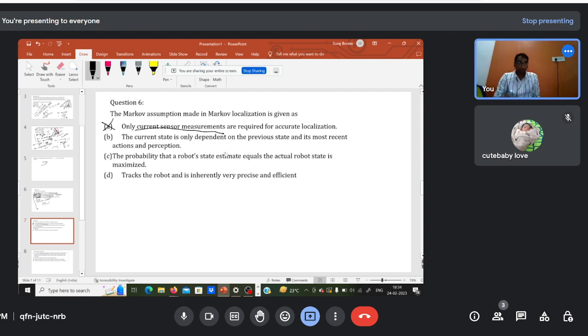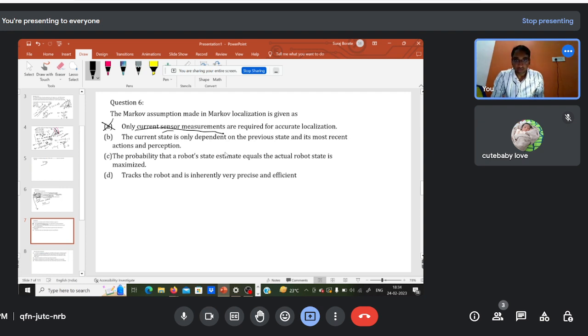What is the improvement that we are making, if the current sensors are enough to localize? We have to use the past information, till where the robot was. Then only can we use the current measurements to update our belief, or update our understanding of the position of the robot, right?